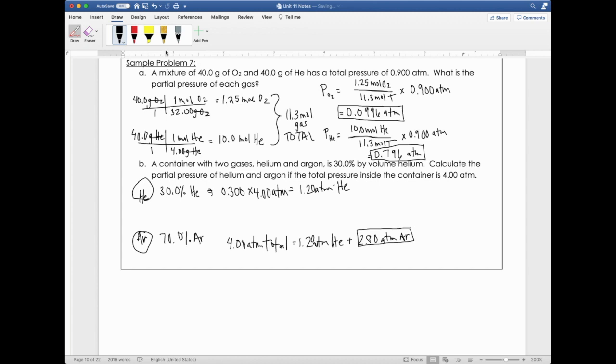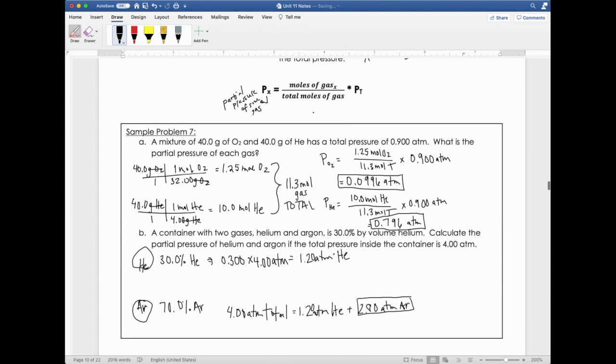This kind of stuff is really important in AP chemistry, which is why I wanted to just touch on it here, because I noticed that a lot of problems in AP come down to this particular topic right here, having to do with the moles of the gas and what's the partial pressure given the moles and the total pressure of the system. So if you're going to take AP chemistry, I would put a nice big star next to this section because this is important when we talk about gas laws.